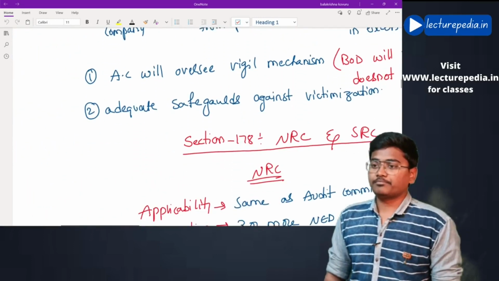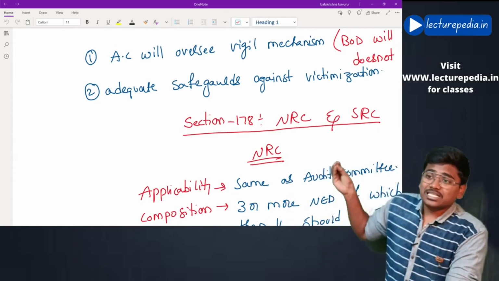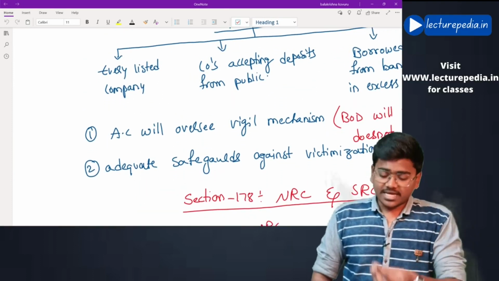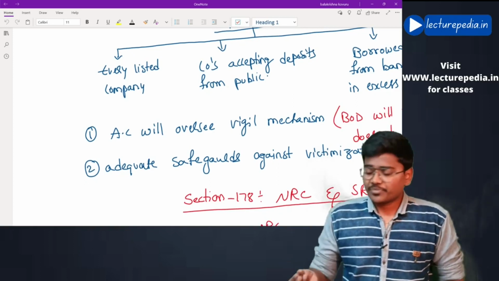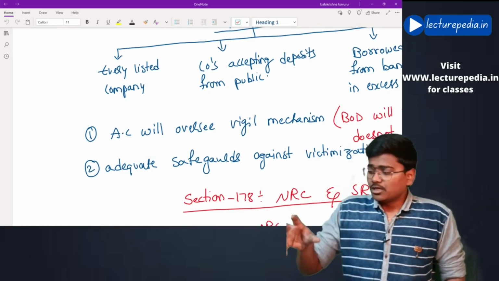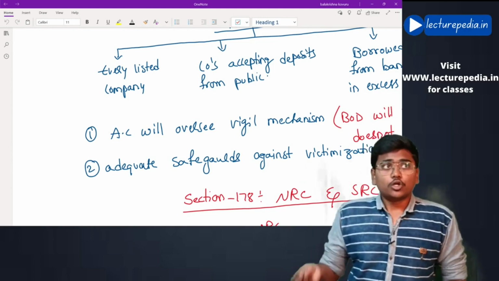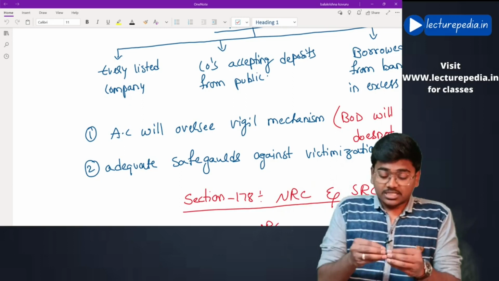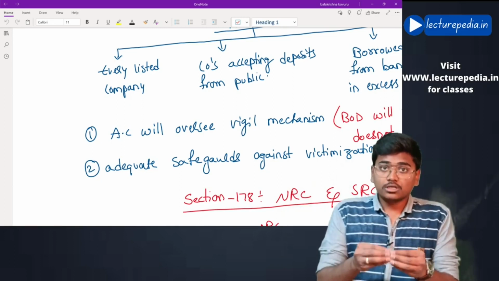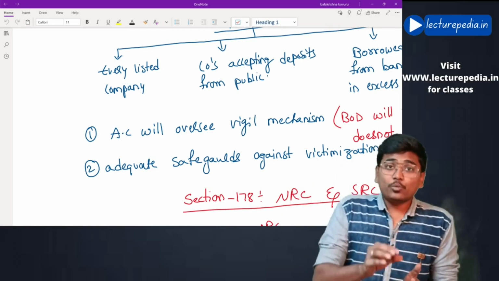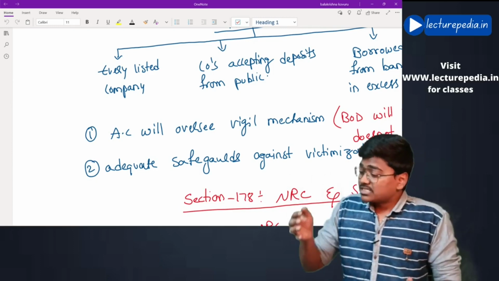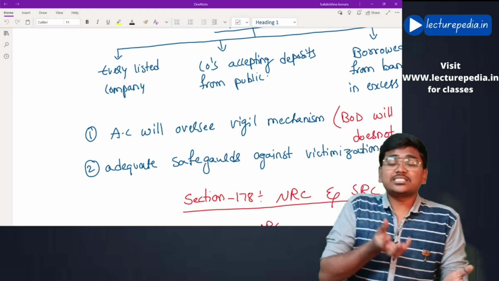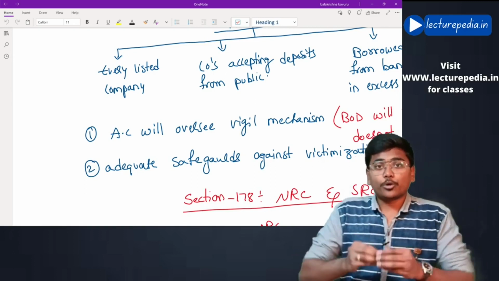Next, adequate safeguards against victimization. See, some employee or some director has reported fraud or some type of misconduct in the company to the audit committee against some other person. Now, this whistle mechanism should make sure that adequate measures for safeguarding against victimization of such person who has utilized this whistle mechanism are provided.